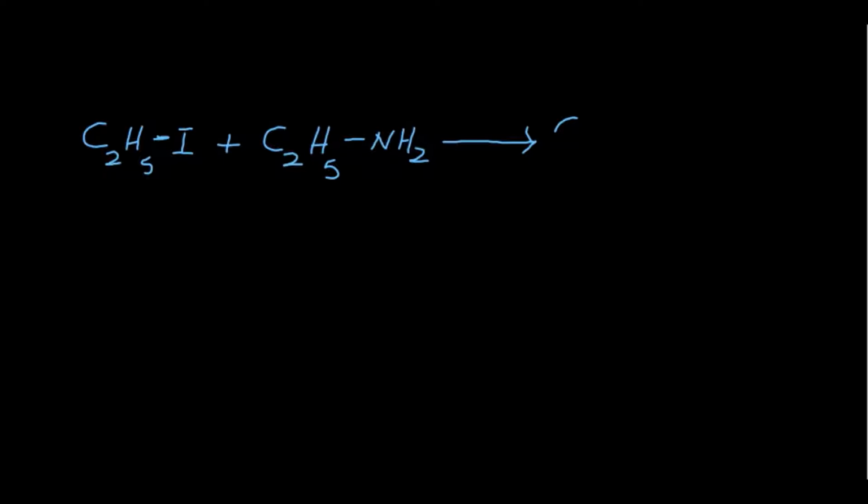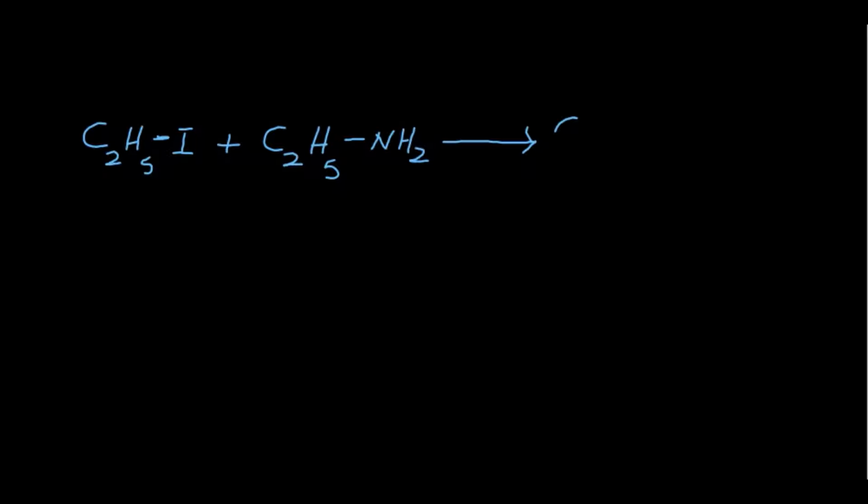In the second step, we have ethyl iodide, C2H5I, and from the first step we have ethylamine, C2H5NH2, right students? Then again we will observe an SN2 reaction.